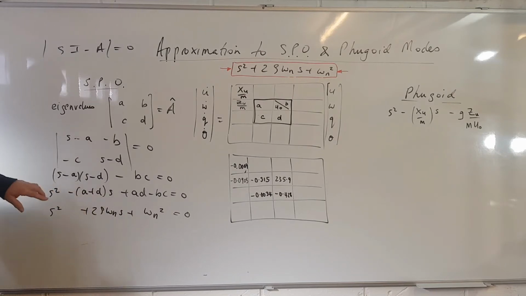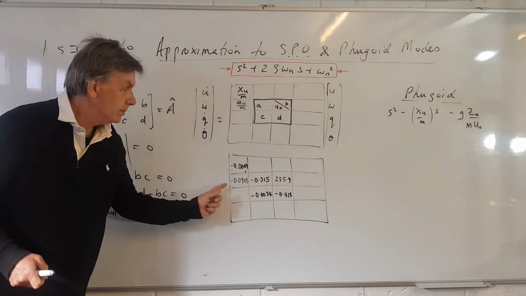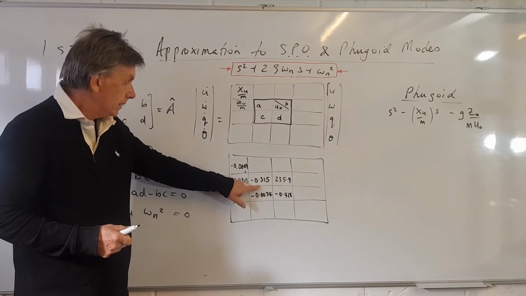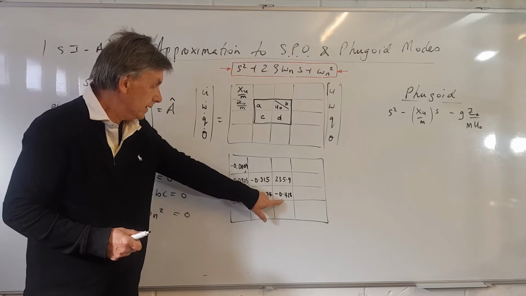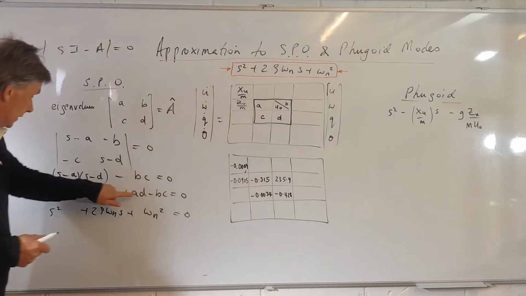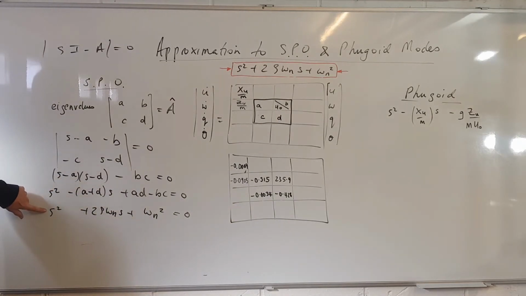So we can use that technique to work out omega n and damping ratio. We can do that as a worked example, taking some numbers from this numerical case. In this particular case, this is A, this is B, this is C, and this is D. So we can put the A, B, C, D into this expression and then compare it with this one.